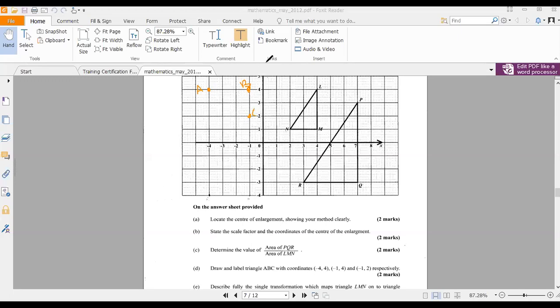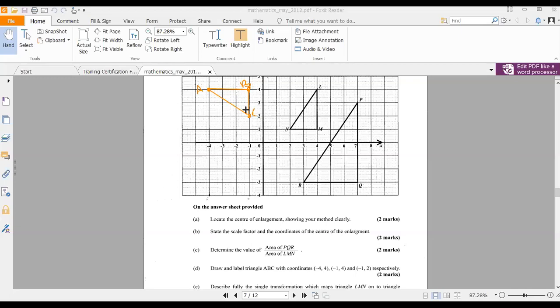Then we join them and form the triangle. So that's what we have been asked to do here. We join this one here to form a triangle. So you have A, B, and C.